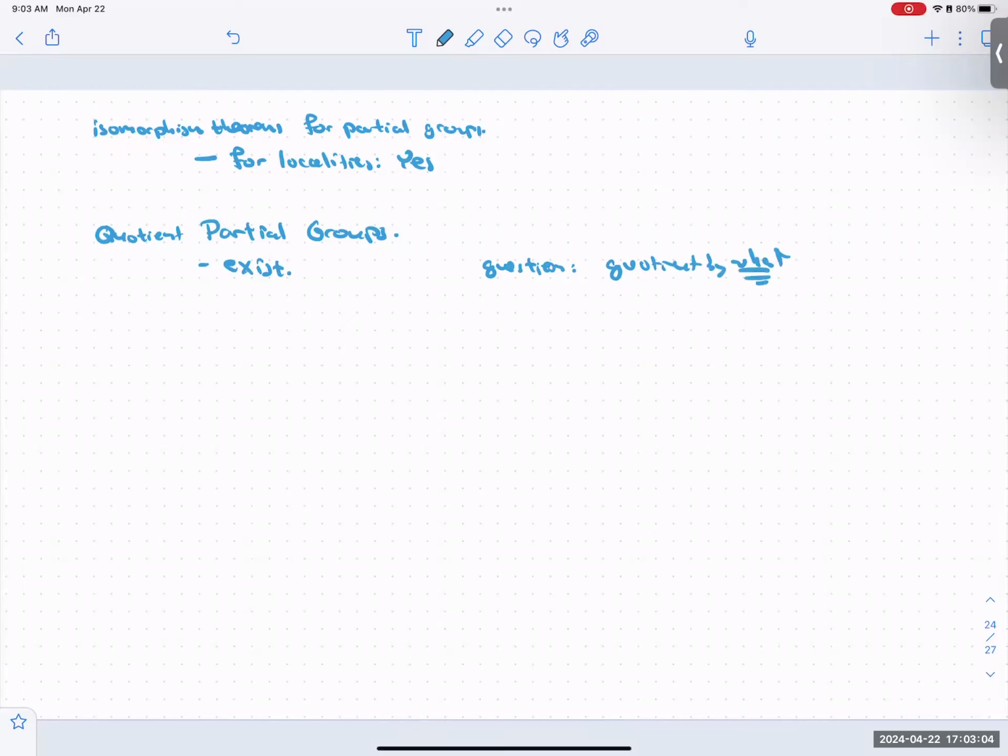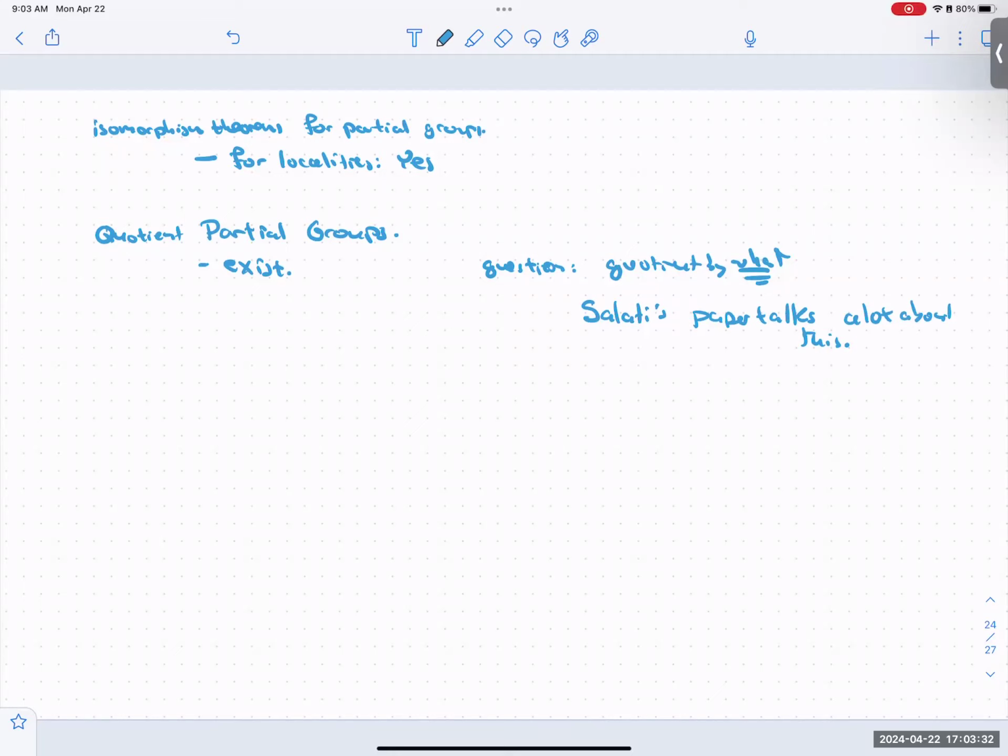These quotients do exist. Salati's paper, I think, talks a lot about this, about which ones these are and how to get at them.